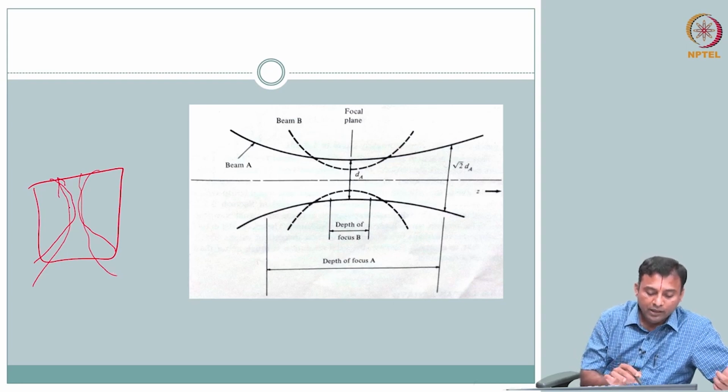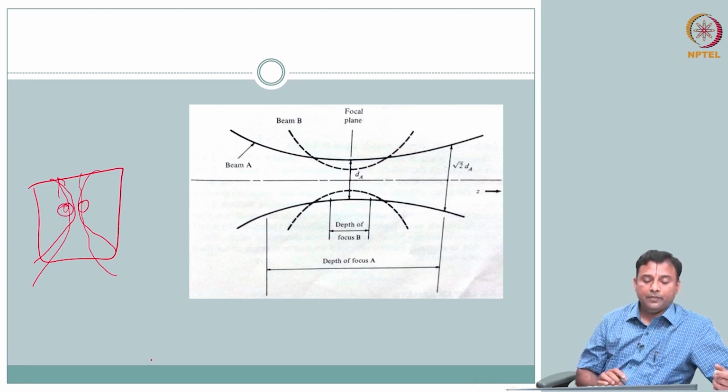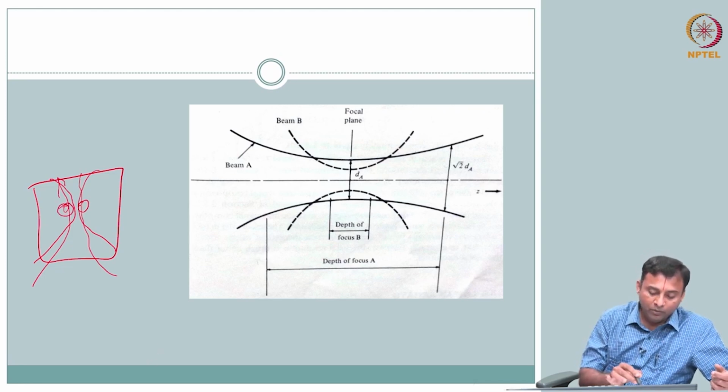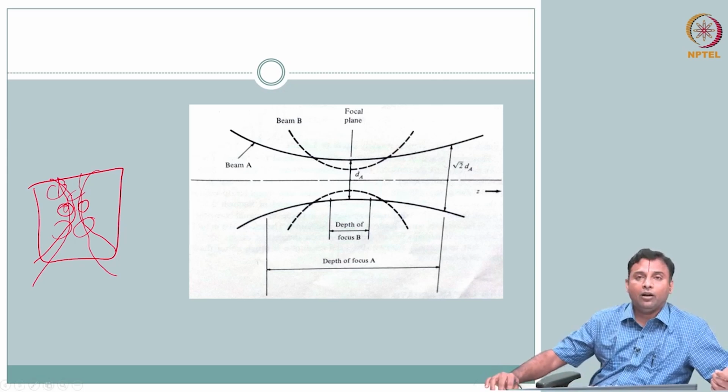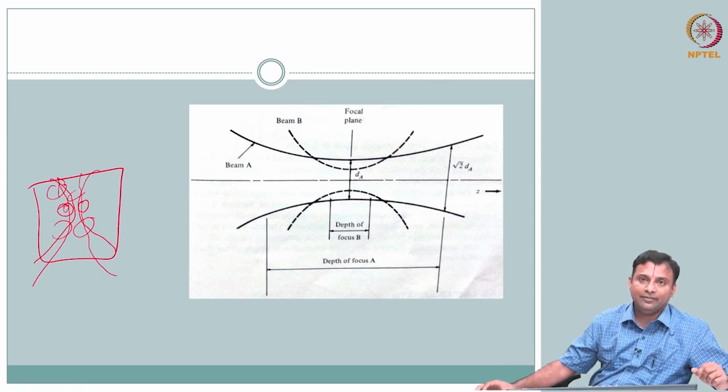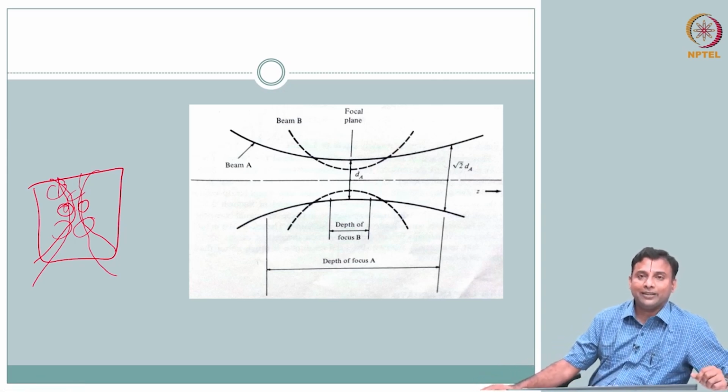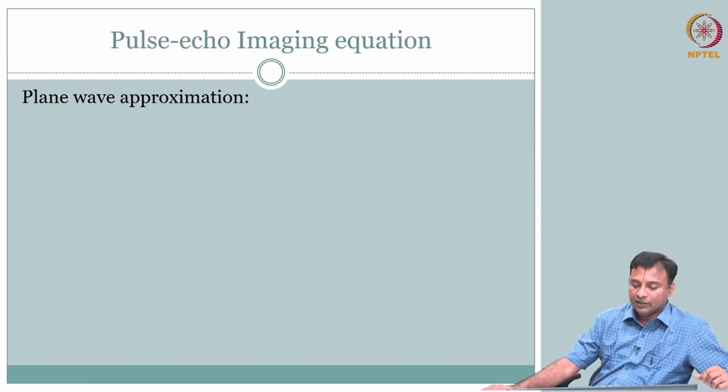If, for example, I am interested only in two objects that are there, then maybe I will use the tightest. But if I have several objects at different locations, I would like to make sure that I see all of them reasonably well. So it's a choice that you have to make. Okay, so it's a trade off.